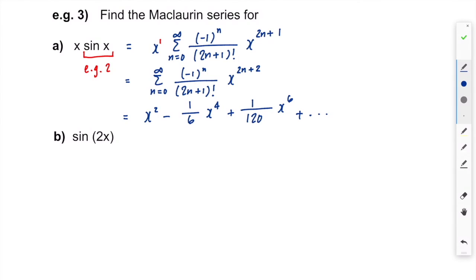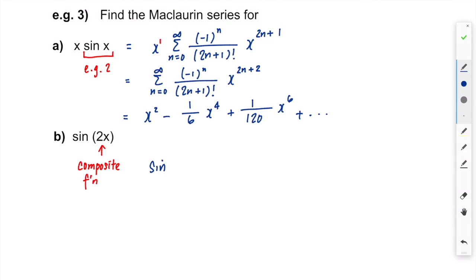Part B. Here we are looking for the Maclaurin series for sine of 2x. So again, this is a sine function. So I just need to modify what I substitute, because now this is a composite function with 2x instead of x. So in this case here, I'm running out of room, so let me redo it here.